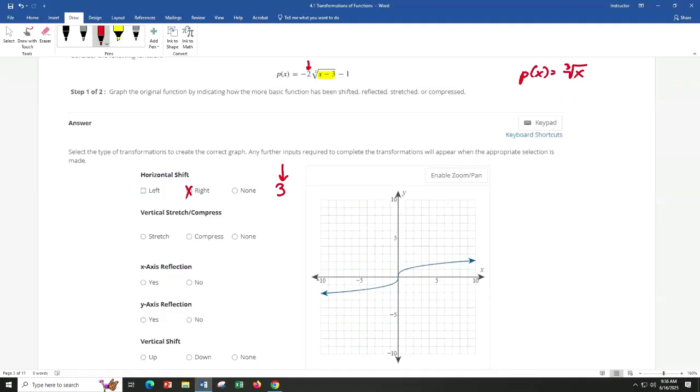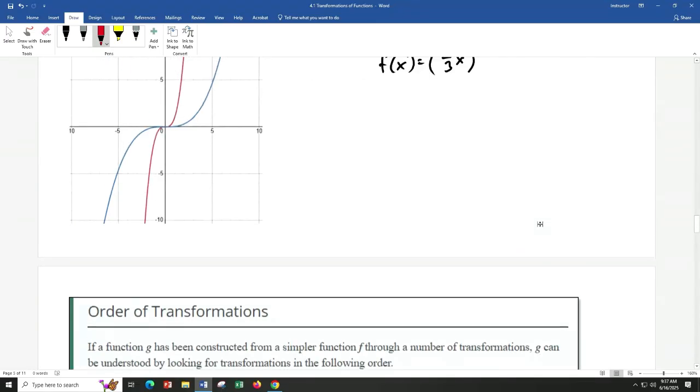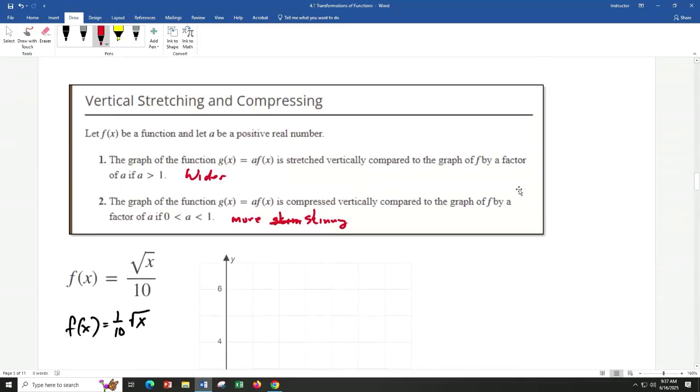So is the function going to get larger, more stretched out, or is it going to get skinnier? Greater than 1, what's happening? Stretch. We're stretching that function.